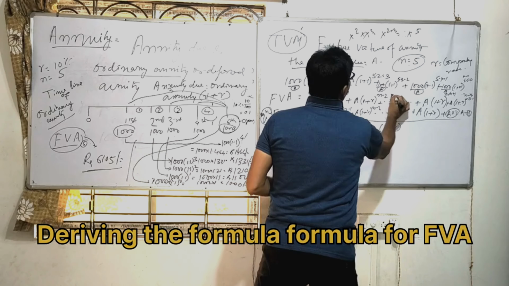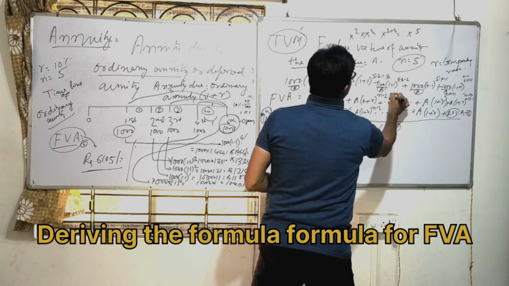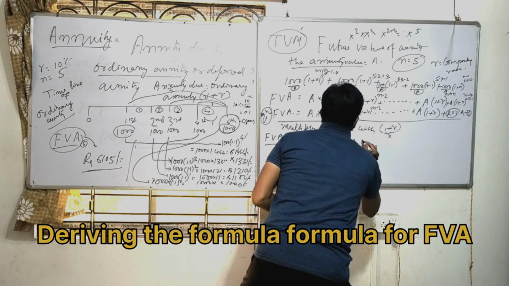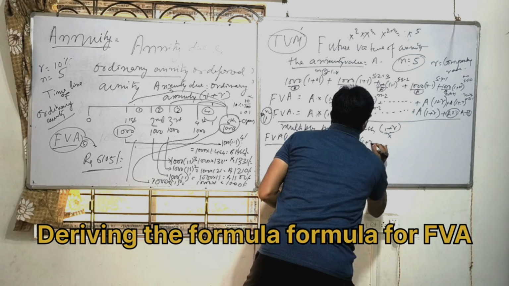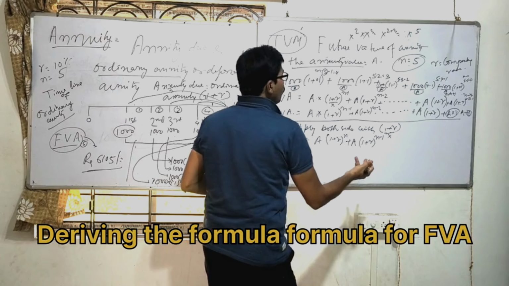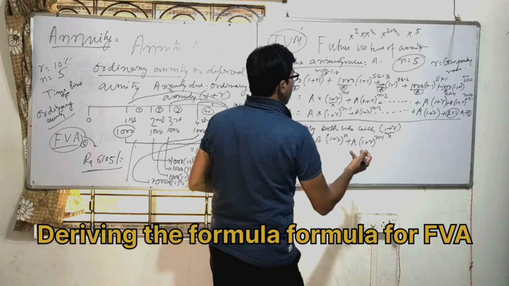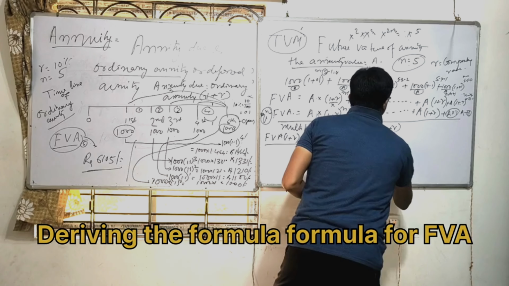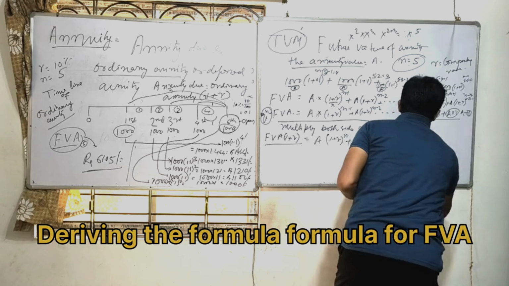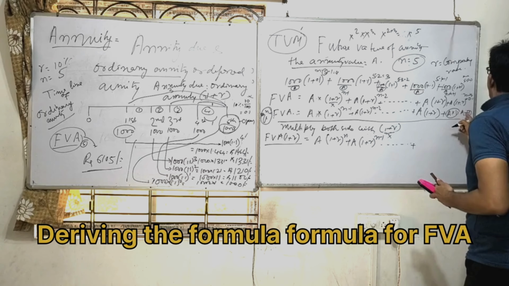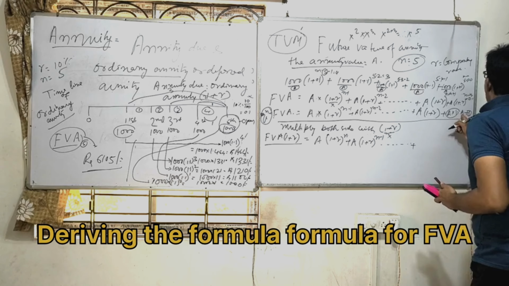In the same way, n minus 2 plus 1 will be n minus 1. The second item will be a into 1 plus r to the power n minus 1, and the third item will be a into 1 plus r to the power n minus 2. In this way you go on, and here we will calculate another one. This one has been a.